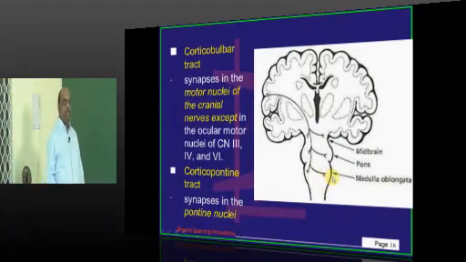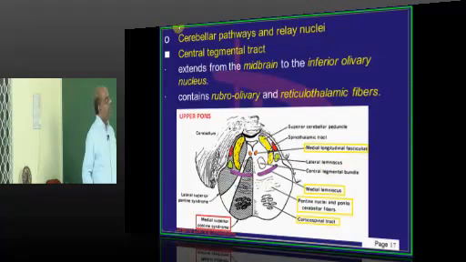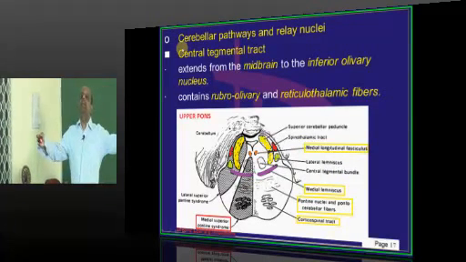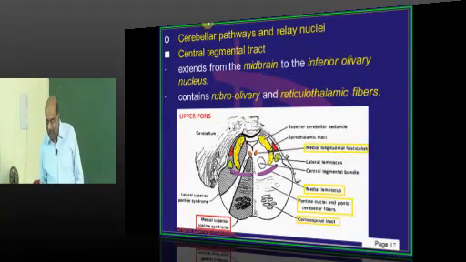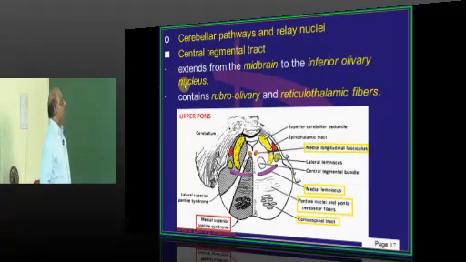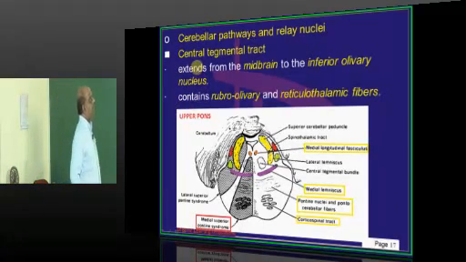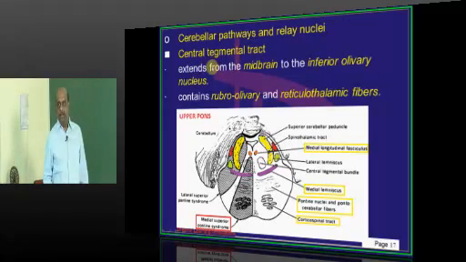Then, what are the various cerebellar relay nuclei which are located in the pons? There is one central tegmental tract, we said, no?